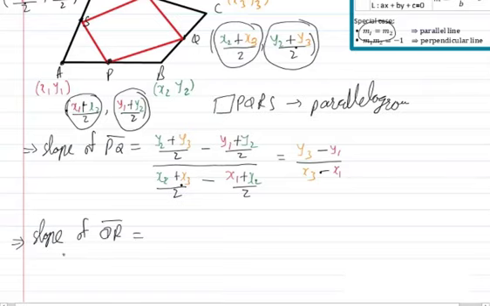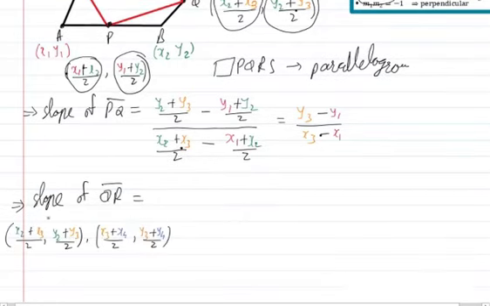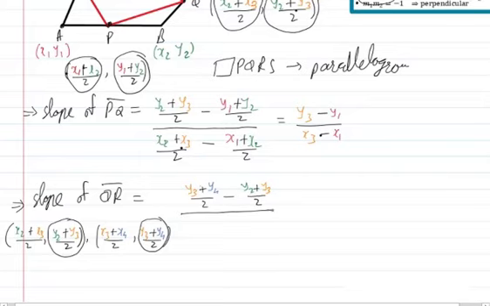And let me get the coordinates of Q and R. And here we have, okay, now we just have to take the difference of y coordinates, or we can say (y3 plus y4) by 2 minus (y2 plus y3) by 2 upon difference of x coordinates, which is (x3 plus x4) by 2 minus (x2 plus x3) by 2.